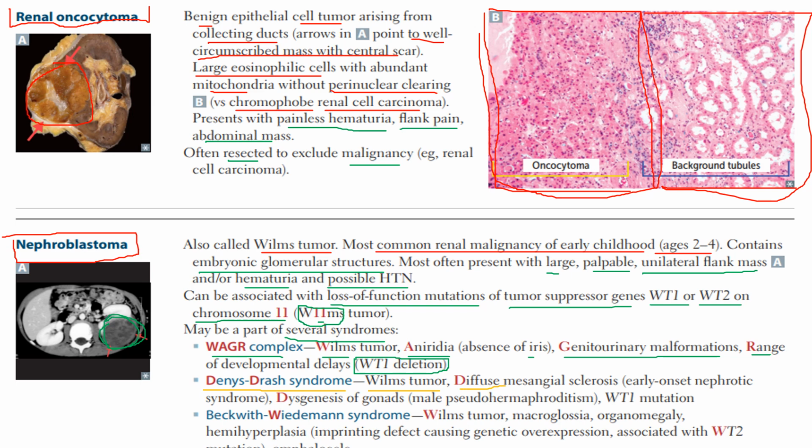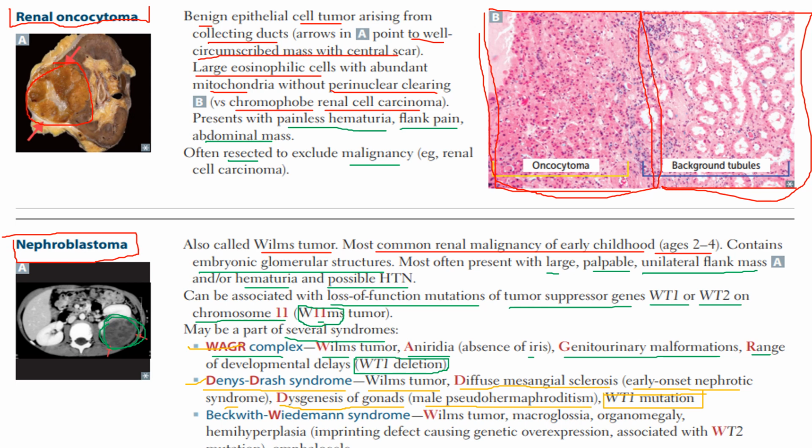Firstly, diffuse mesangial sclerosis, which is early onset nephrotic syndrome, and secondly dysgenesis of gonads, which is male pseudohermaphroditism, which is caused by a mutation in the WT1 gene. Both WAGR complex and Denys-Drash syndrome are caused just by a mutation in the WT1 gene.